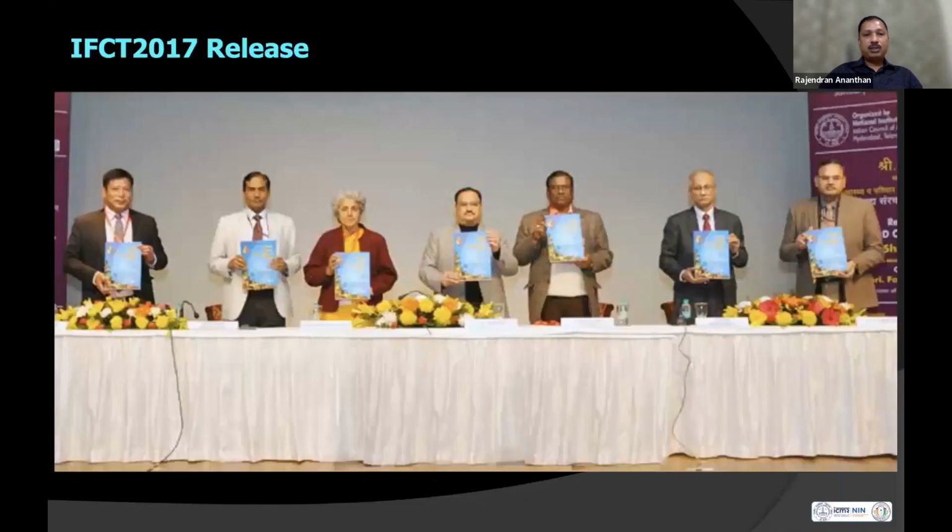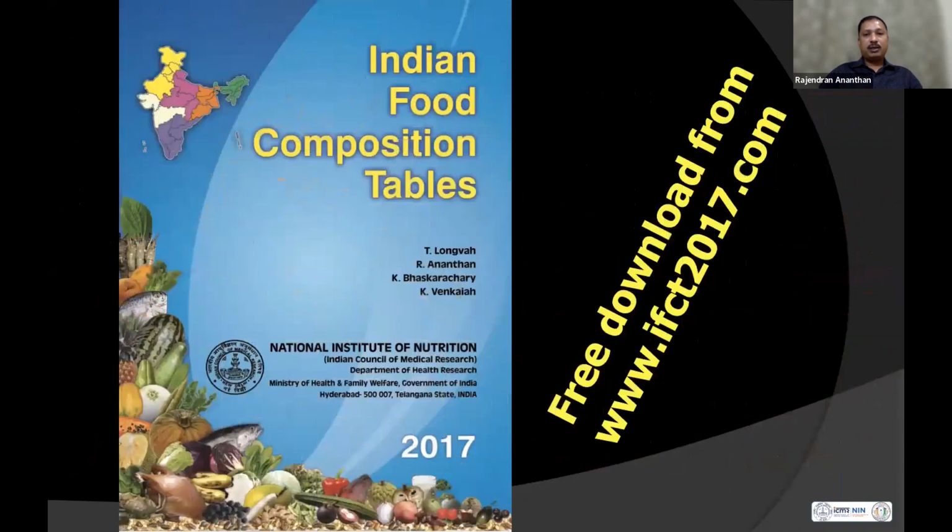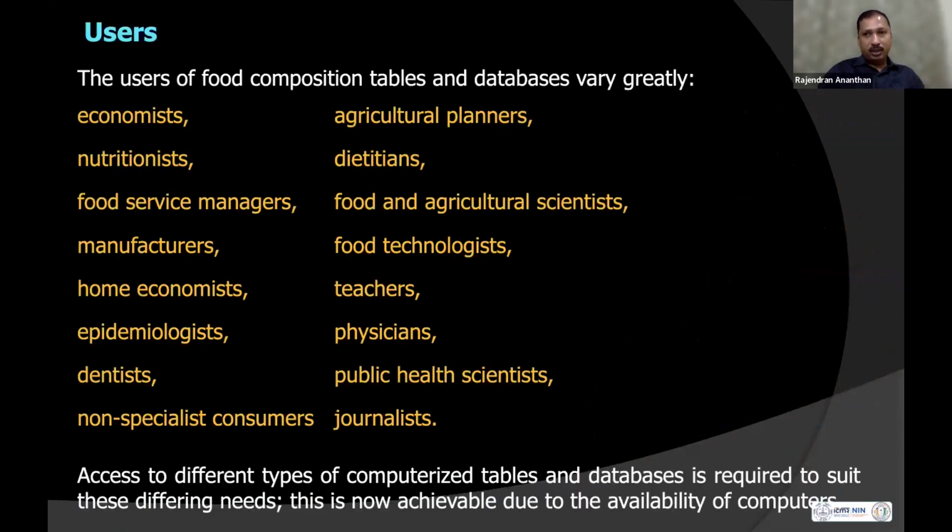That was released in the year 2017, and it can be downloaded freely from this website. After developing this database, it was used by many applicants in different sectors, like economists, agriculture planners, nutritionists, dietitians, food service managers, food and agriculture scientists.